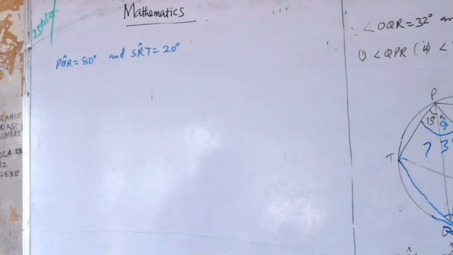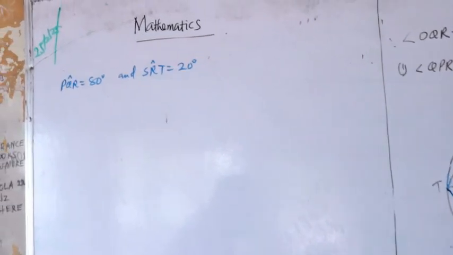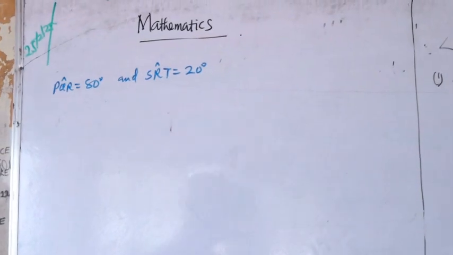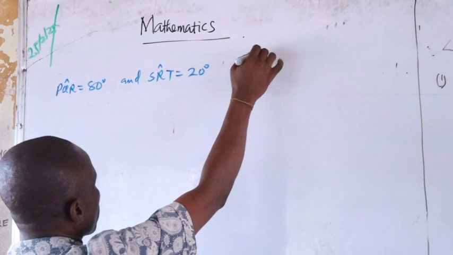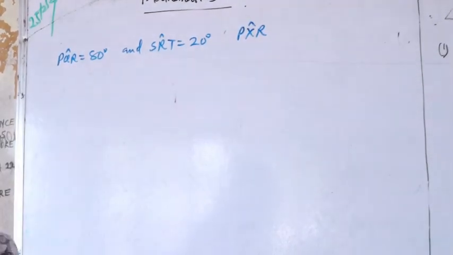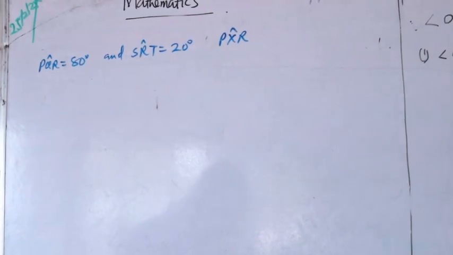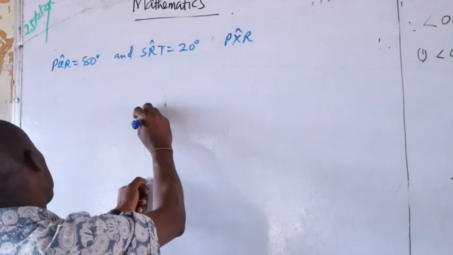First, stop. What size is PXR? What size is PSR? Now this is the diagram.